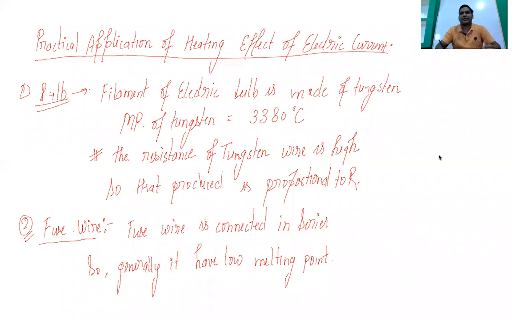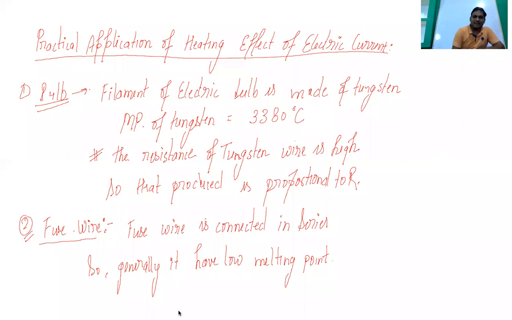Whenever the current or the voltage increases, the heat produced in the circuit will increase and it will break the circuit. Good quality fuse wire is made up of tin basically. So tin is preferred to have a good quality fuse wire.